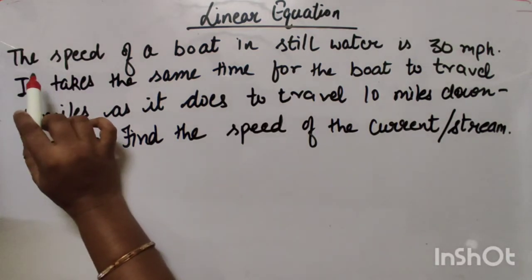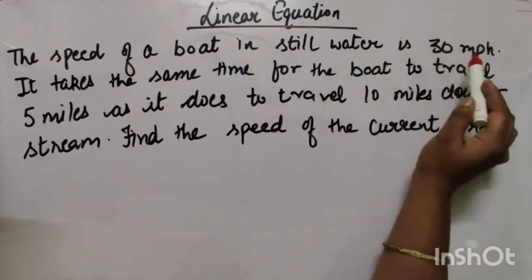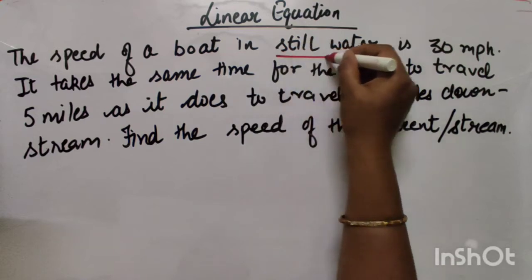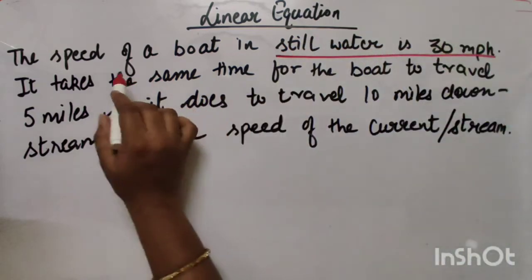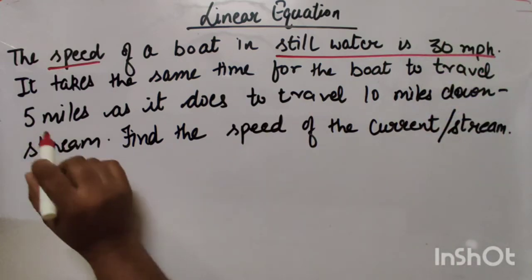Here the question says the speed of a boat in still water is 30 miles per hour. So the first thing which is given is the speed of the boat in still water, 30 miles per hour, right?